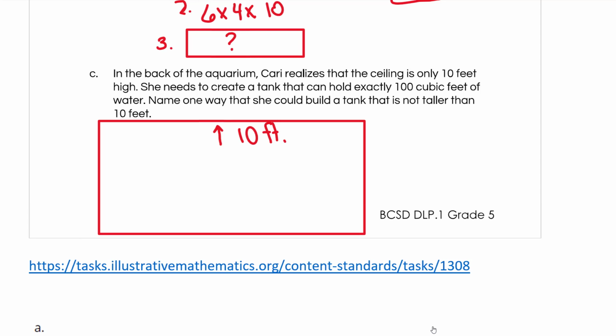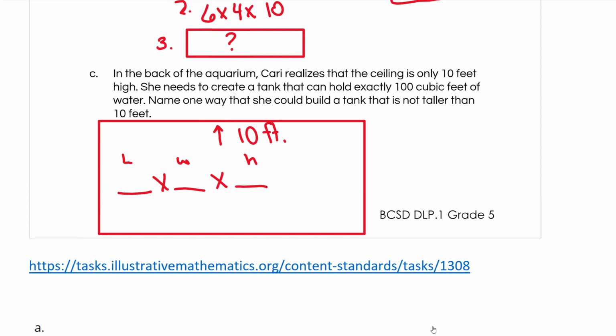So what that means to me is, in order for me to find the volume of this tank, one of my measurements must be 10 or less. Right, it cannot be more than 10, the height variable. So if length times width times height, H cannot be more than 10.